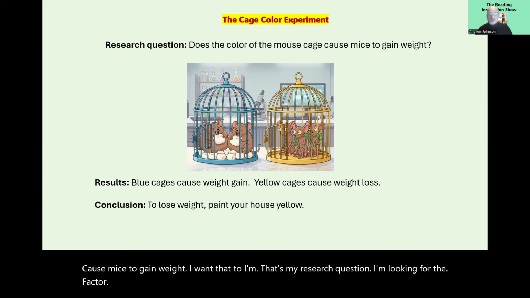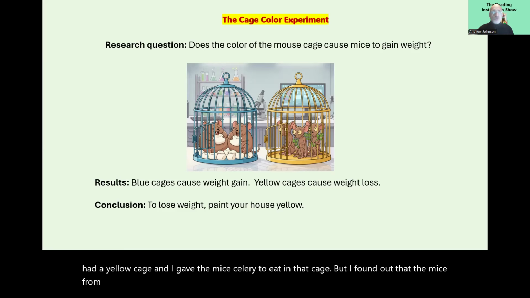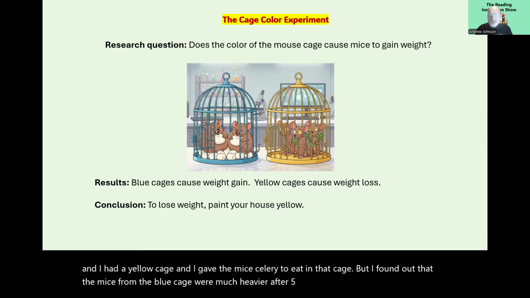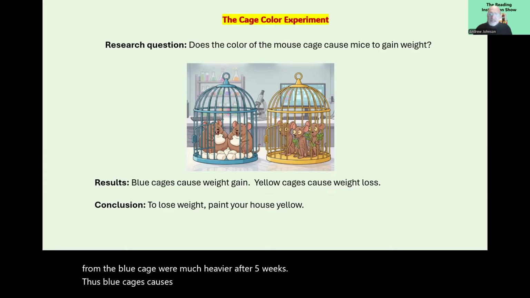Now, in this research, I had a blue cage, but I gave all the mice marshmallows to eat there. And I had a yellow cage, and I gave the mice celery to eat in that cage. But I found out that the mice from the blue cage were much heavier after 5 weeks. Thus, blue cages cause weight gain and yellow cages cause weight loss.